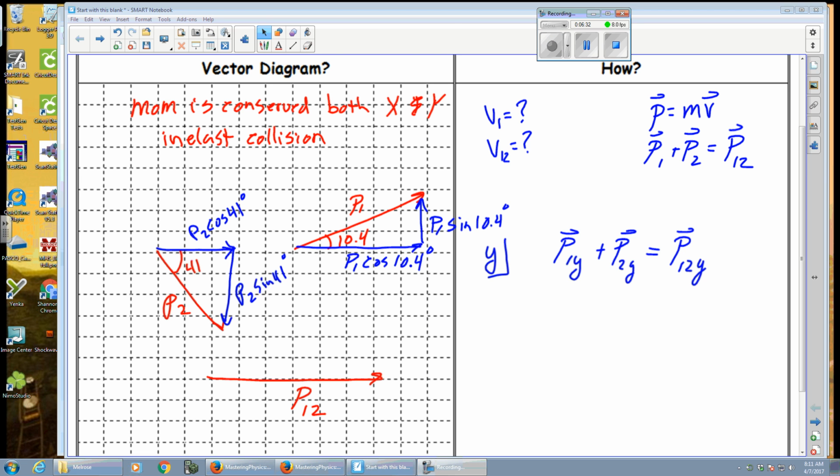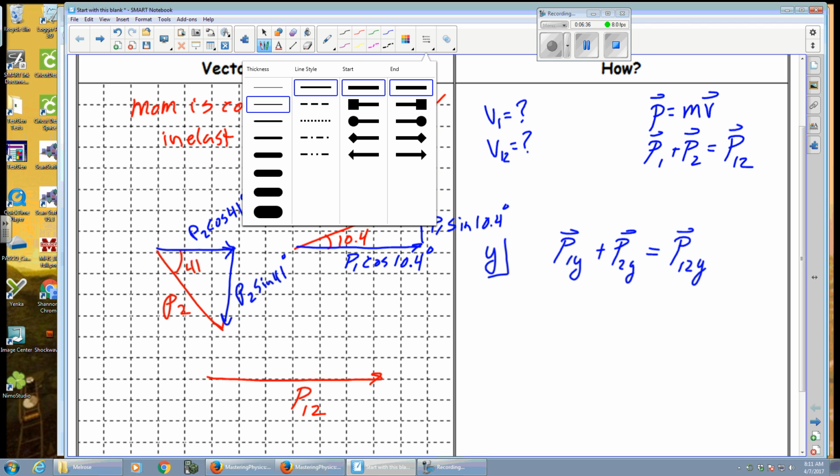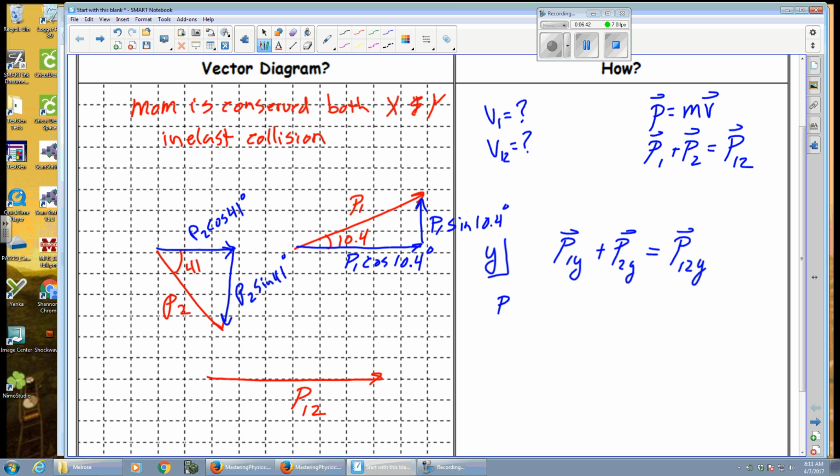So, P1 in the y direction is P1 sine 10.4 degrees. P2 in the y direction is negative P2 sine 41 degrees. P12 in the y direction is 0.